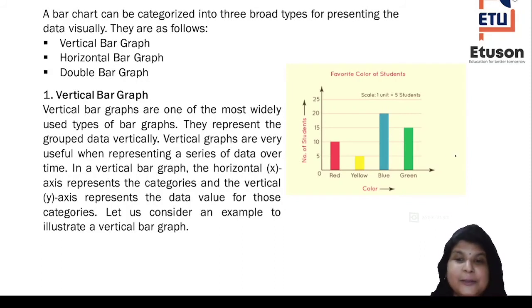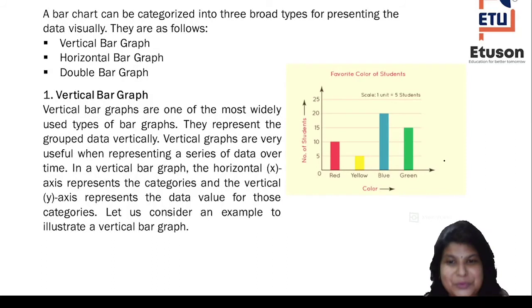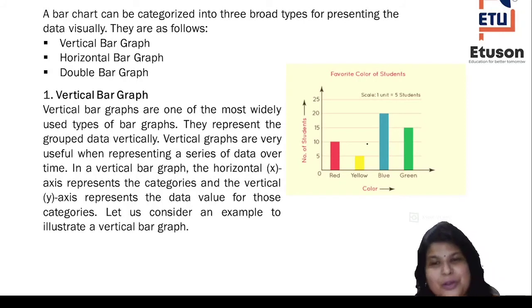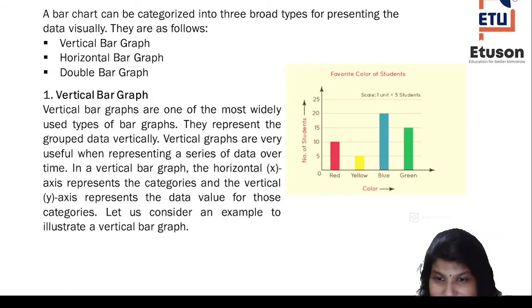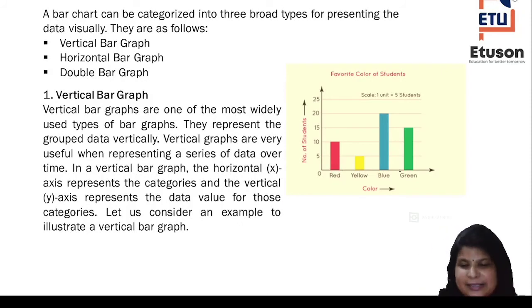And which is the color that the minimum number of students like? That is yellow. So these are the pieces of information you can collect from the given bar graph. And remember, even if the bars are colored differently, the width of each remains the same. Correct or not? It is a vertical bar graph.